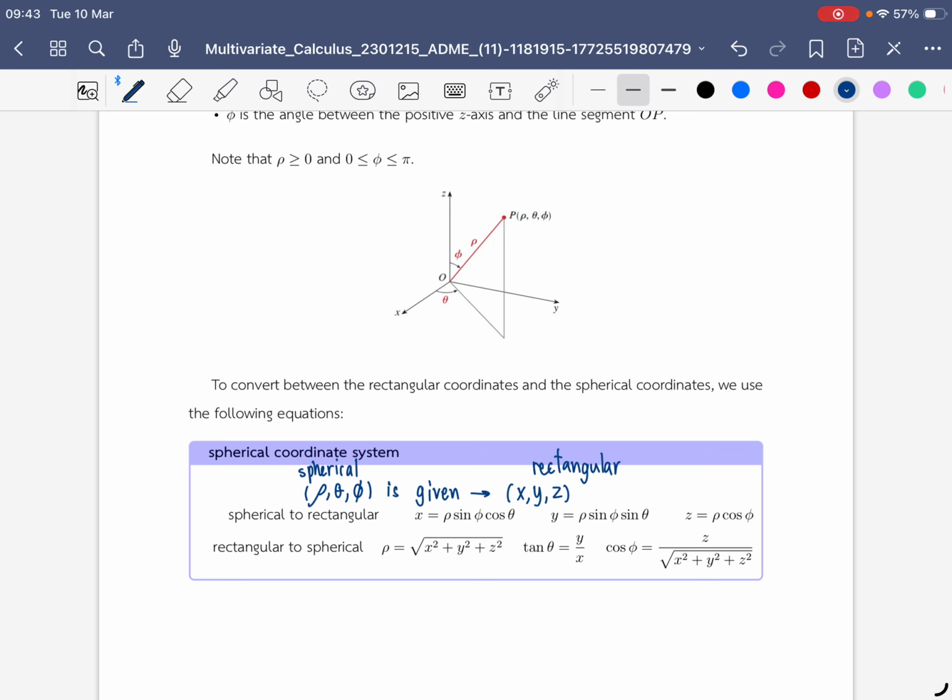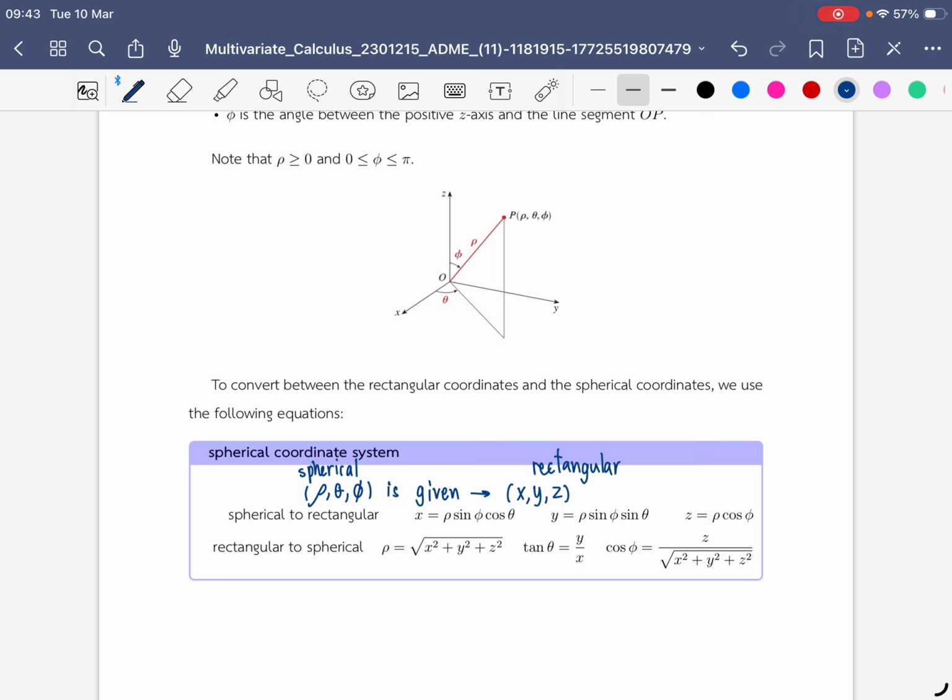Tan theta, if you take a look at the first line, you see that y over x is rho sine phi sine theta over rho sine phi cos theta. So it's just tan theta. That's why, in order to find theta, you're going to do y over x, take the arctan, and then compute the theta.